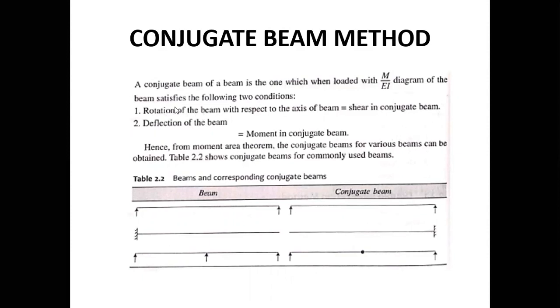Similarly, if we are concerned with calculating a deflection at any part of a beam, then we'll draw its conjugate beam, and at the same point we'll calculate the moment, and that will be equal to the deflection in the original beam.